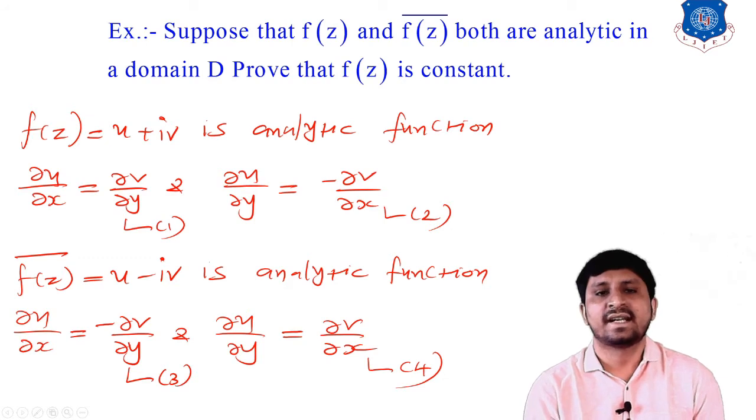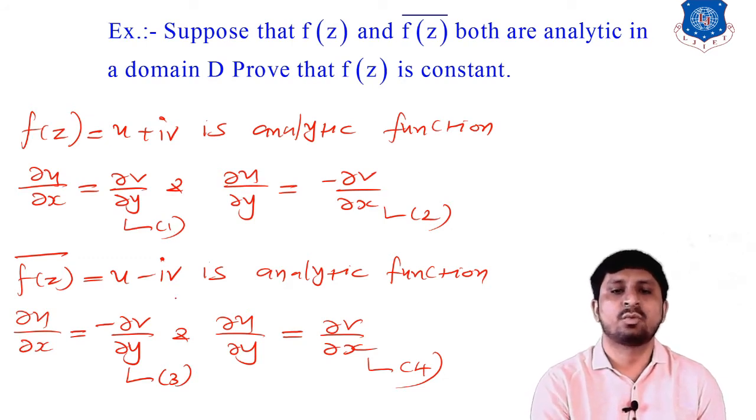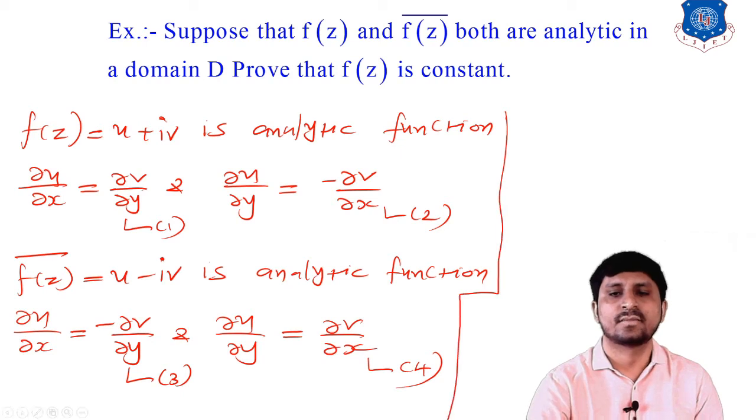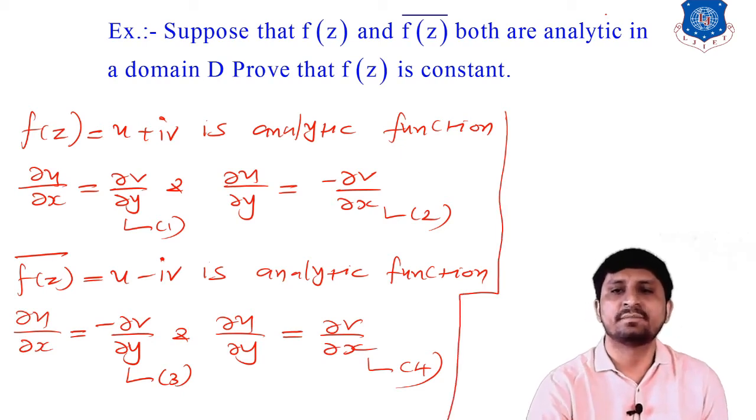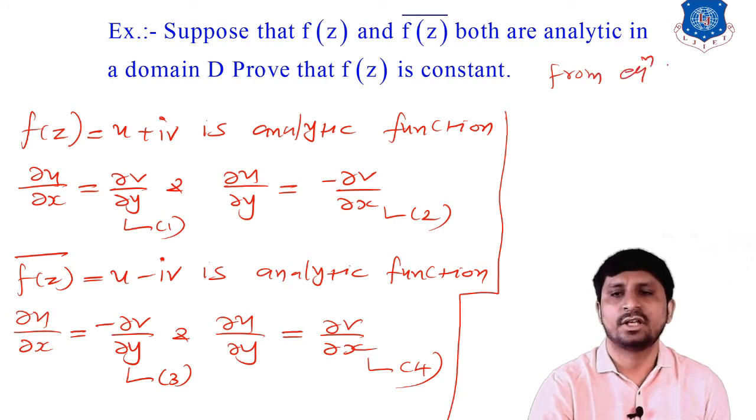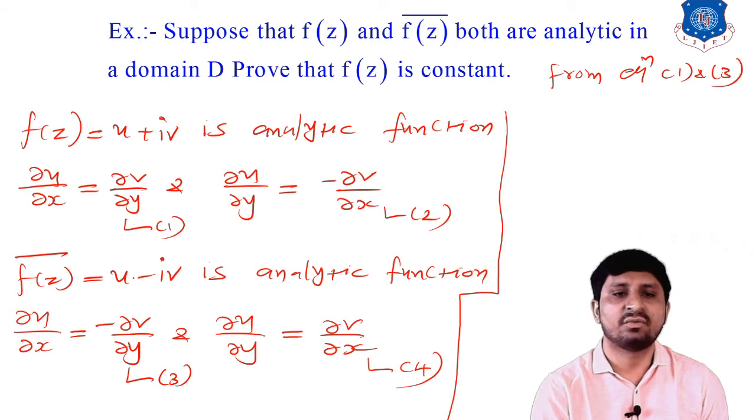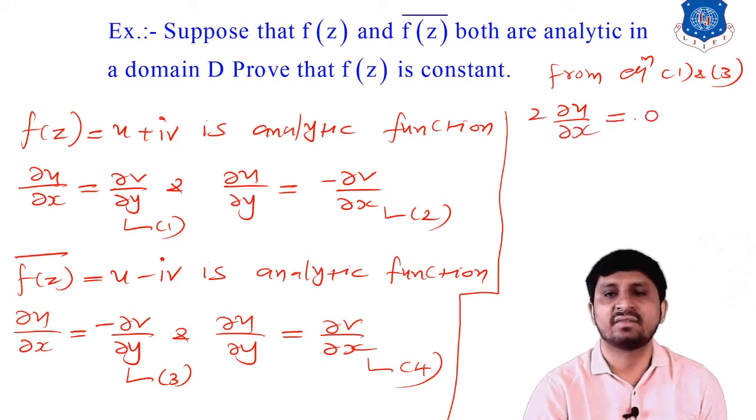Okay, and from equation 1 and 3, when we add these two equations, on the left hand side we have 2 del u by del x, and on the right hand side we have del v by del y minus del v by del y, so we get 0.